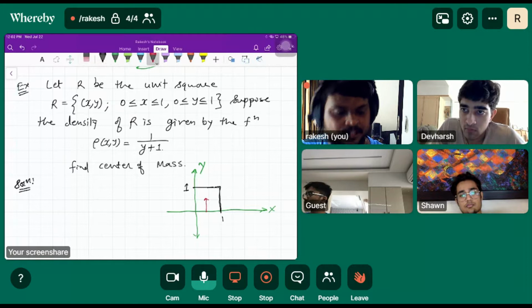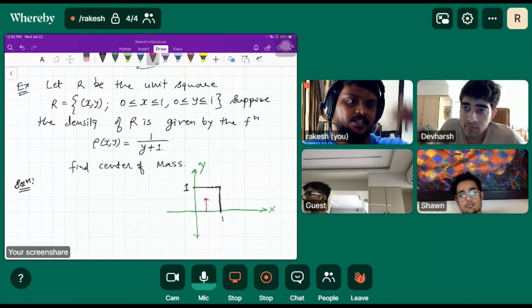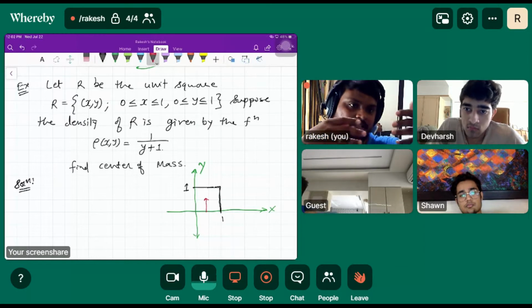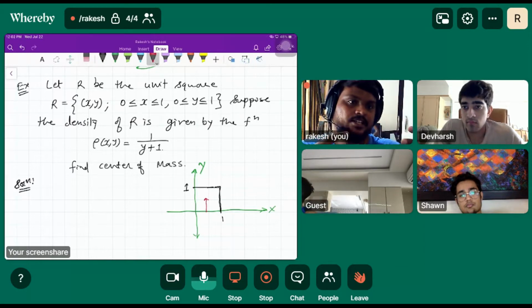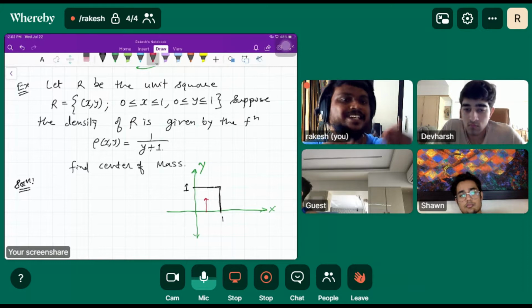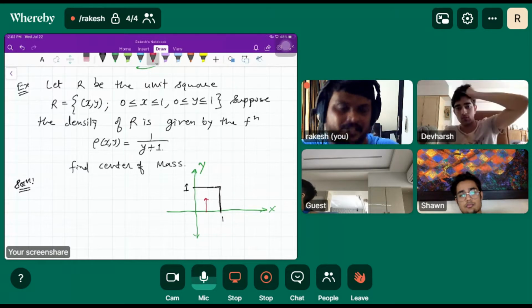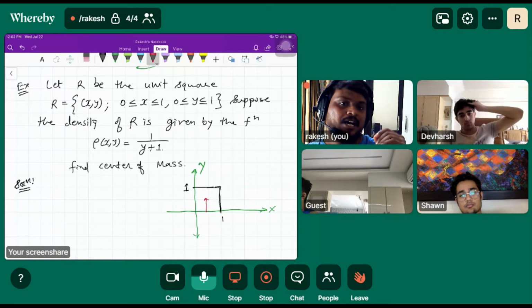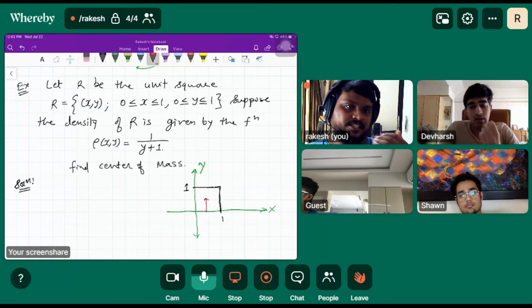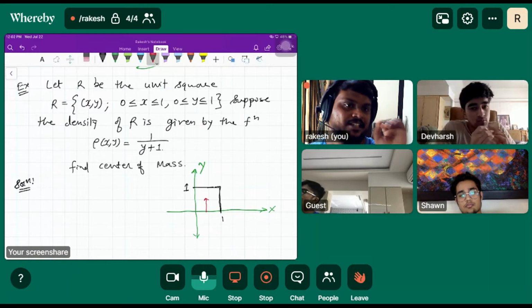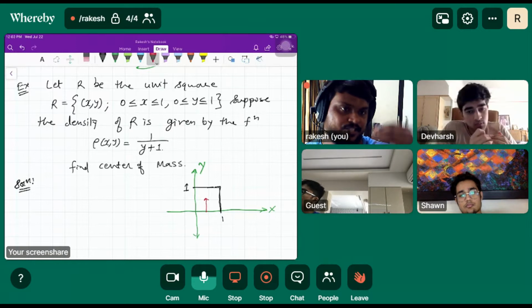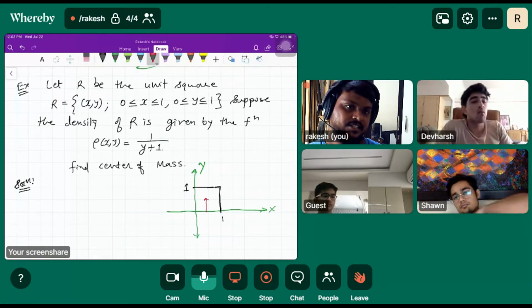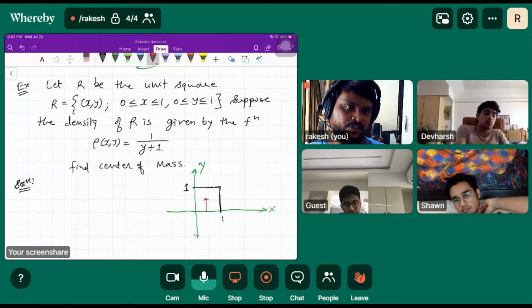If the y value is increasing, the mass density function is decreasing. So it seems that the center of mass is near the x-axis. It's not at the center of this square, it's maybe near the x-axis. Are you getting that?